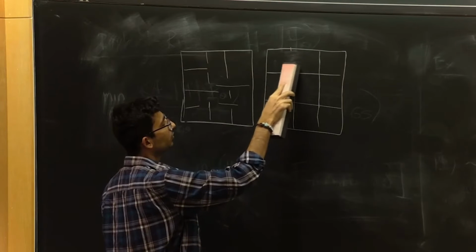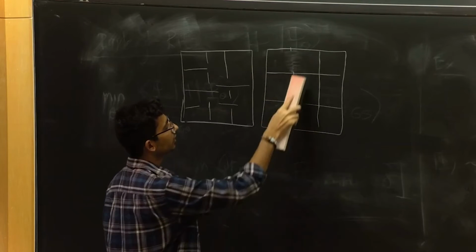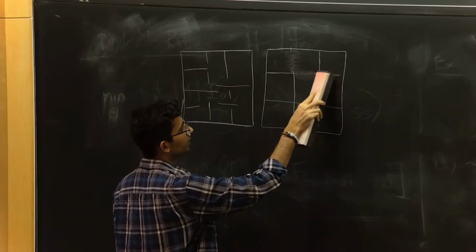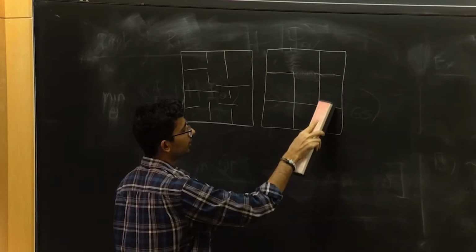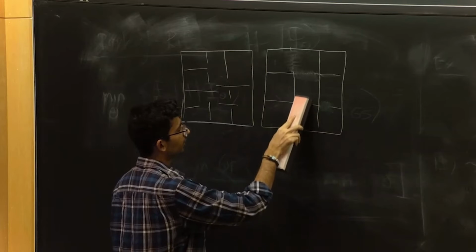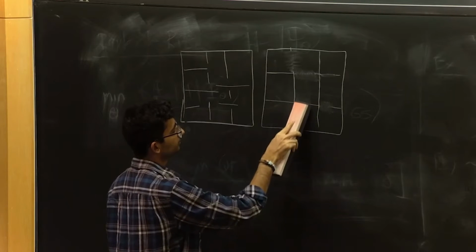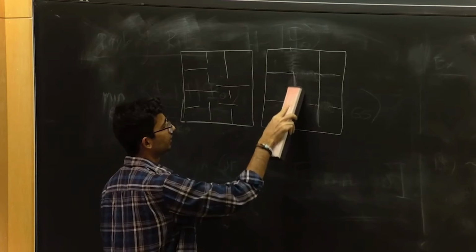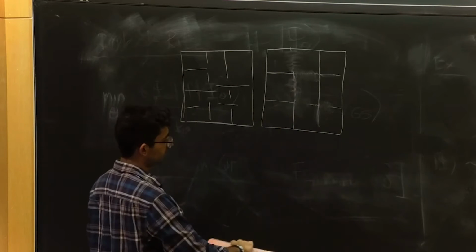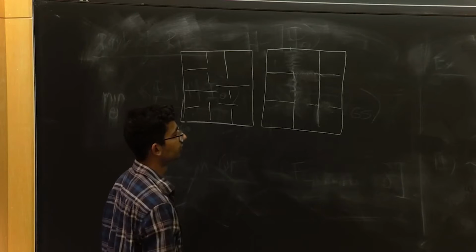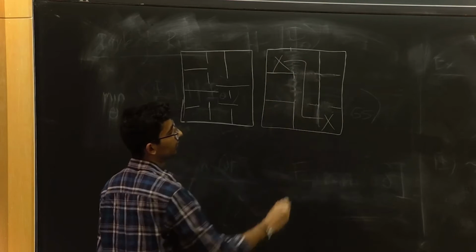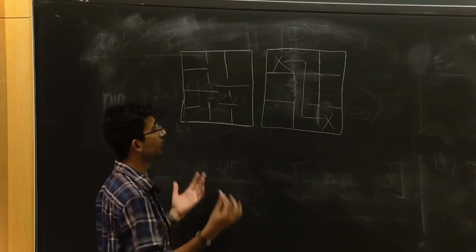So maybe we remove this wall right here, then this one, this one, this one, this one, and then maybe this one right here. And so we have a very simple maze here. This isn't very difficult to solve. If we say this is the exit and this is the entrance, it's very clear that we want to do this, and we have a maze.